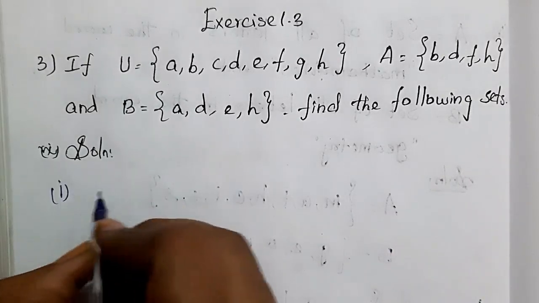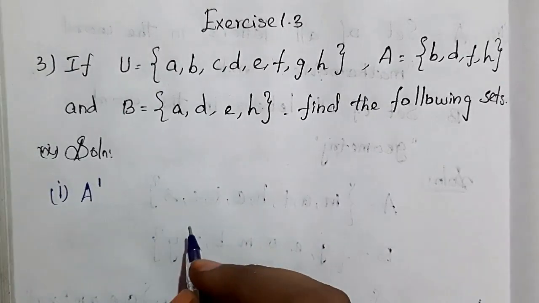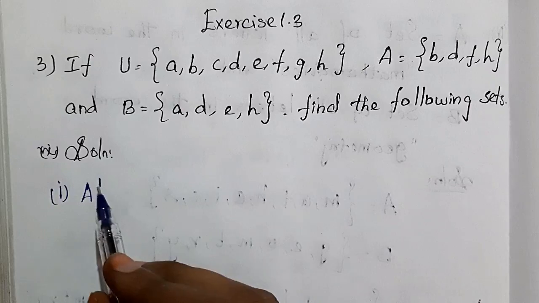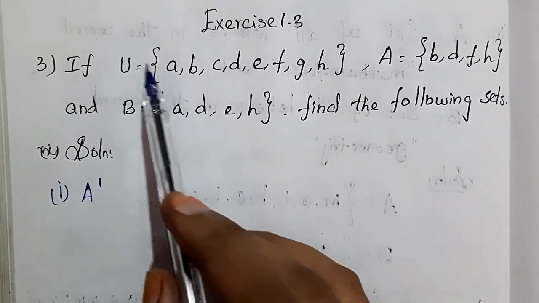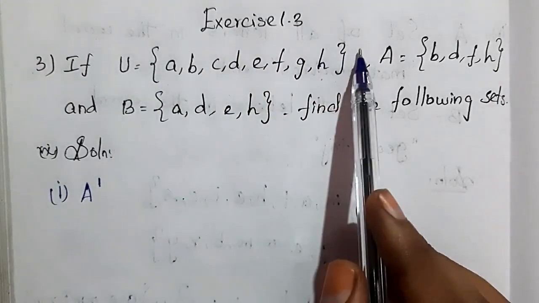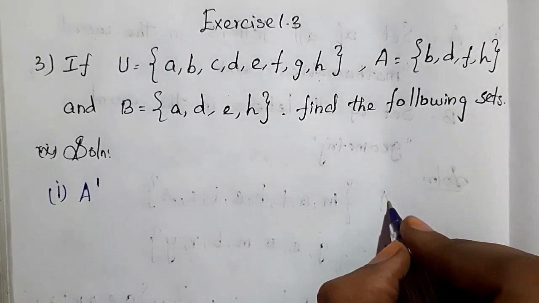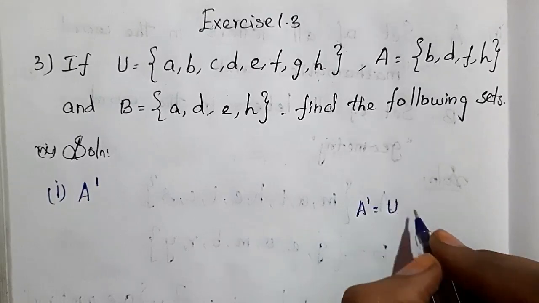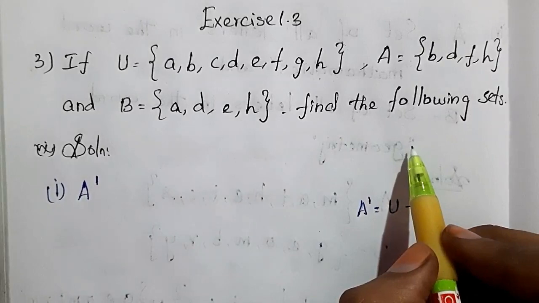See, the first part is A dash. What is the meaning of A dash? A dash means A complement. How can you say A complement? From the universal set, you remove A. In your book you have a formula. You can follow it. That will be easy for you. A complement equal to U minus A. Actual meaning is, see this.